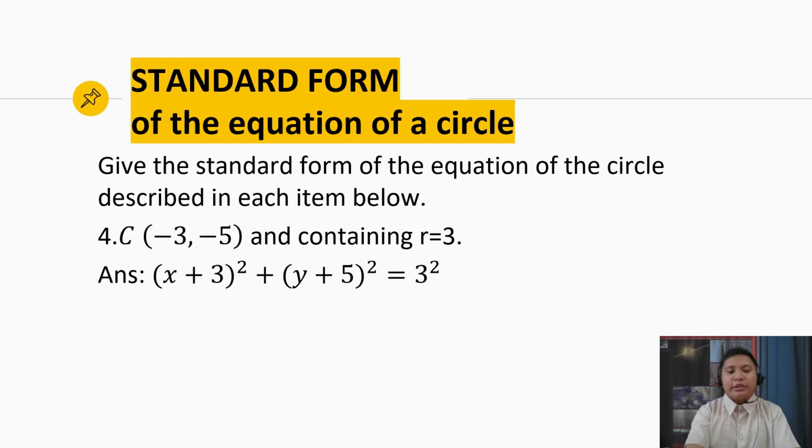Take note that in your original equation, your h is negative and your k is also negative. So if we replace our value of -3, it will become +3. If we replace our value of -5, it will become +5, correct?